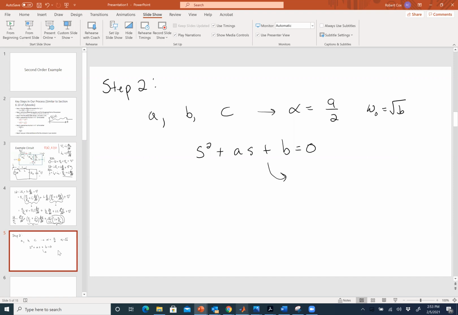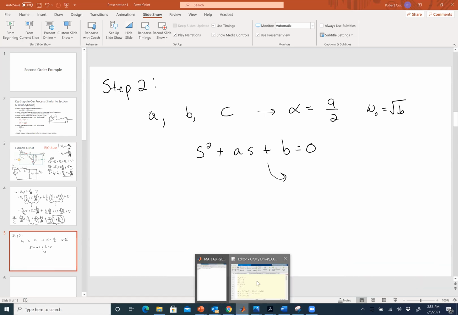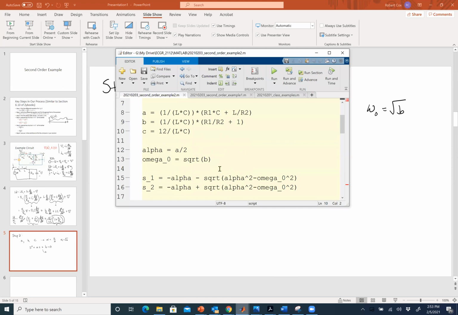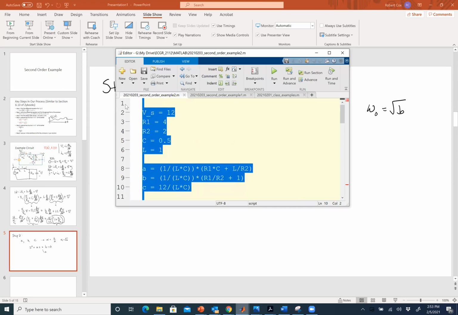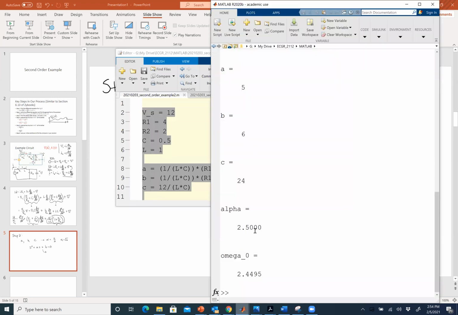So if I look at alpha and omega naught in this particular case, and I run the numbers, I'm going to take this and run it in MATLAB. I get my alpha value and my omega naught value. And boy, they're awfully close to each other, but they're not equal.